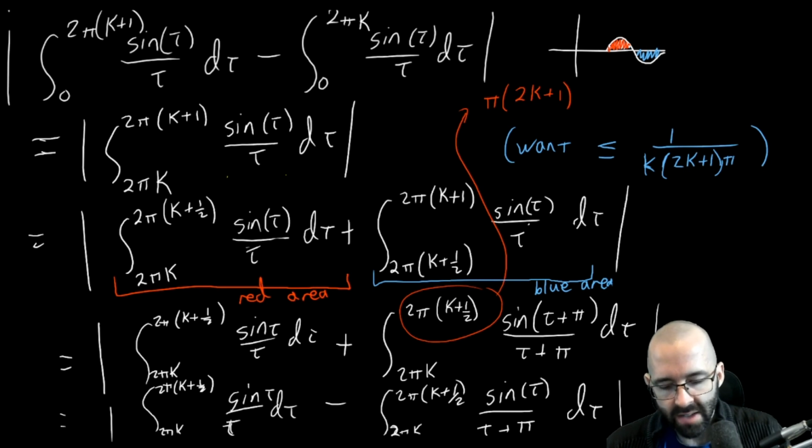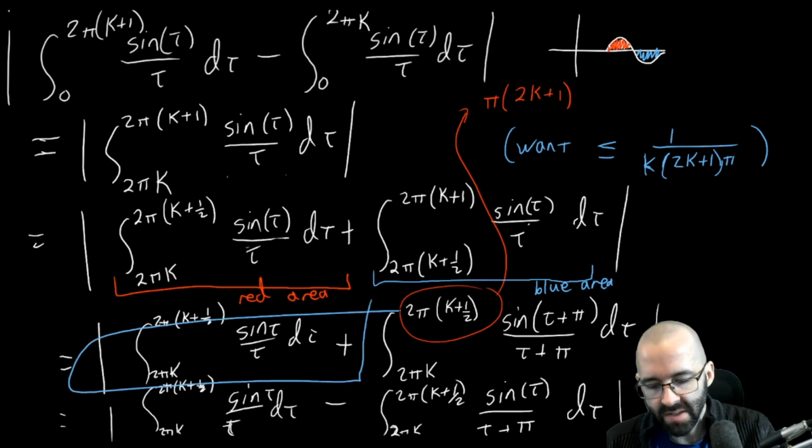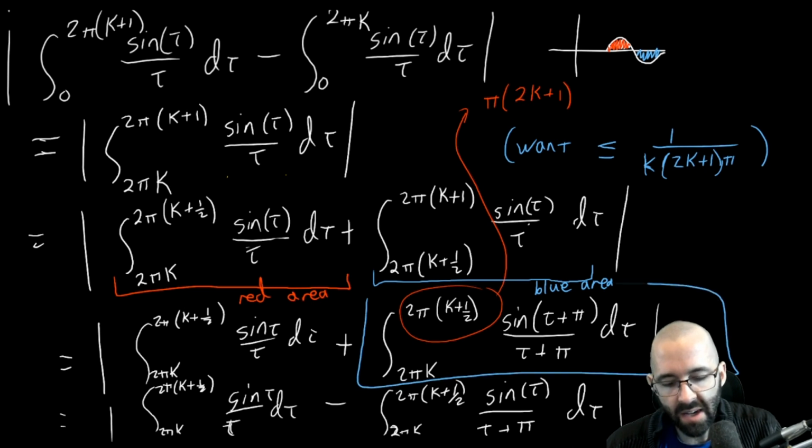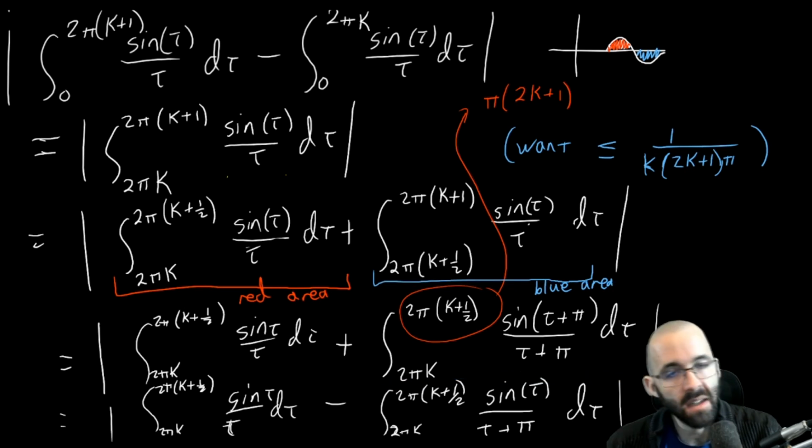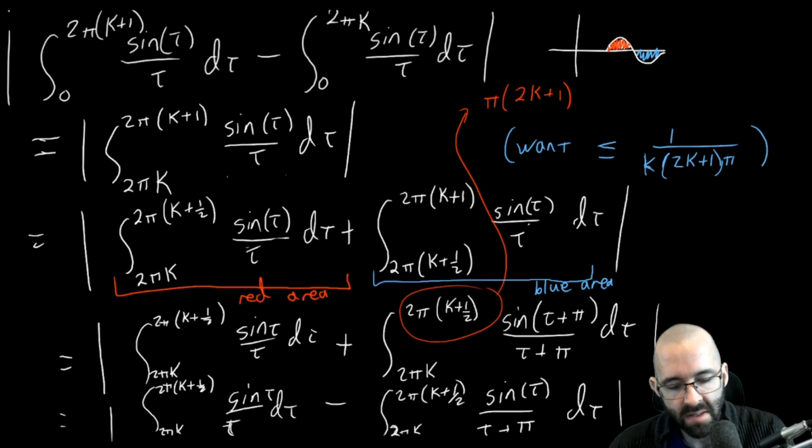And then I did essentially this: the first one stays the same, and for the second one, I basically did a substitution. If we jump back a little bit, it's actually kind of the reverse of a U substitution, but it is a substitution: let t be equal to u plus pi.